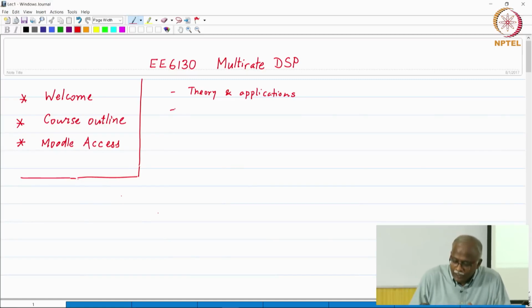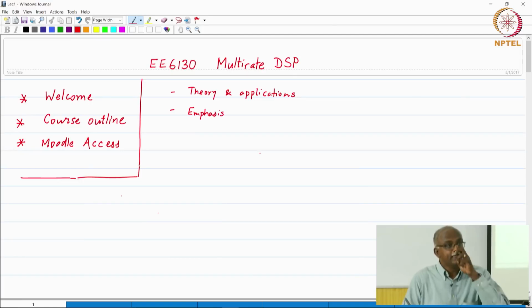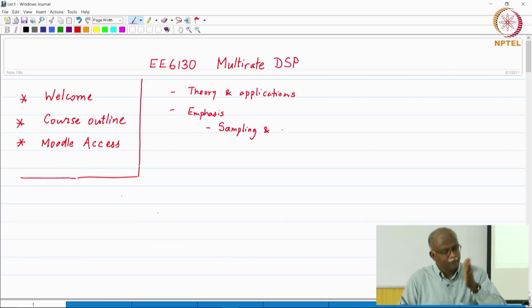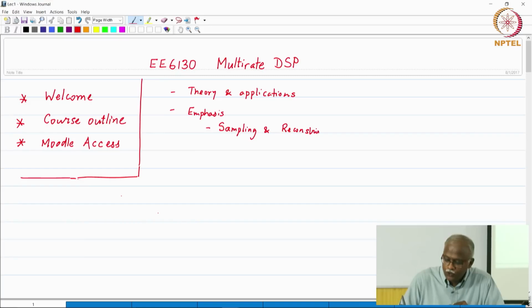In the theory and applications of multi-rate signal processing, we have a point of emphasis that was probably not as present in the DSP course. In the DSP course, sometimes we don't spend too much time on the aspects of sampling and reconstruction. We do study the implications, the time domain aspects and the frequency domain aspects, but this will be a very useful part for us in the study of multi-rate signal processing.